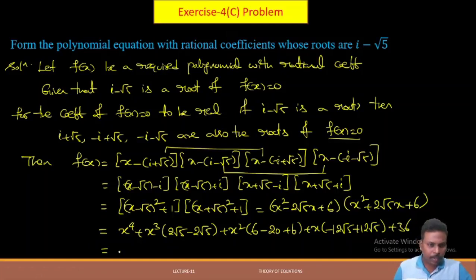So the required equation will be x to the power 4, this becomes 0, 6 plus 6 is 12, 12 minus 20 is minus 8, so minus 8 into x square, plus x, this is 0, plus 36.